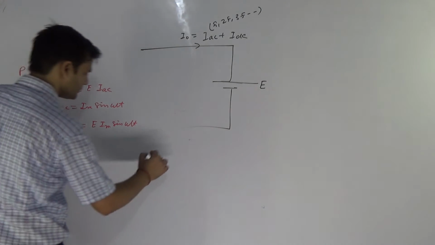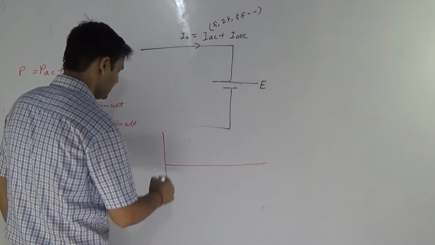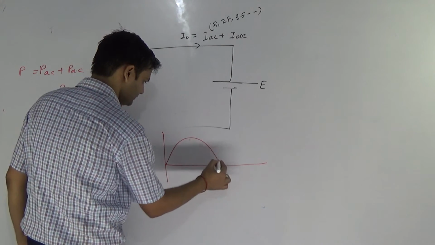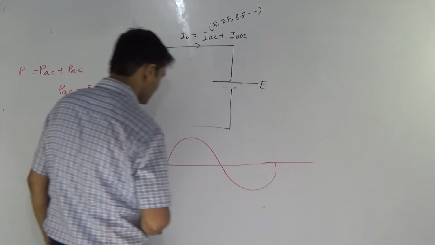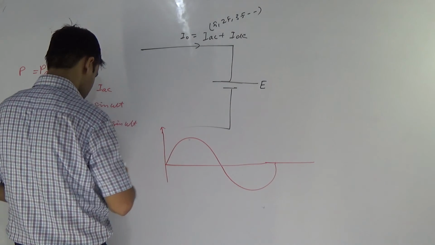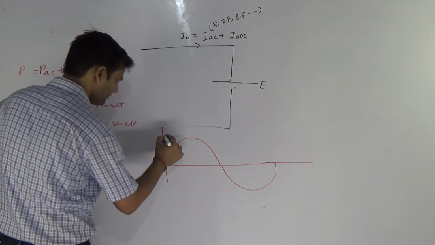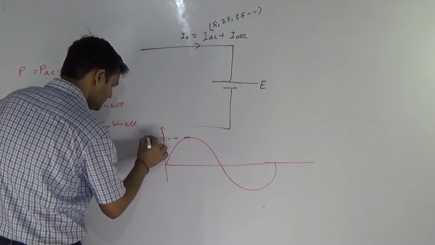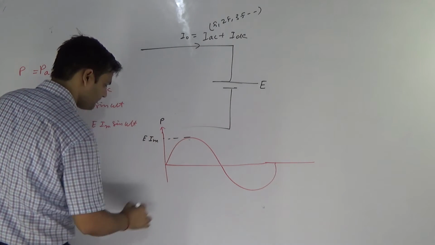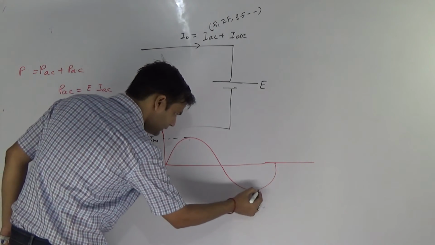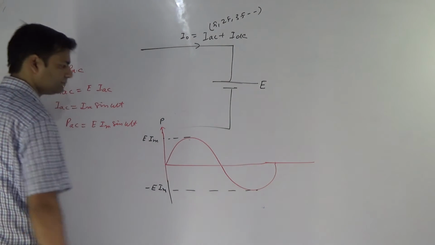Now look, what is the graph? The graph looks like this. This is E Im, this is P, this is minus E Im.